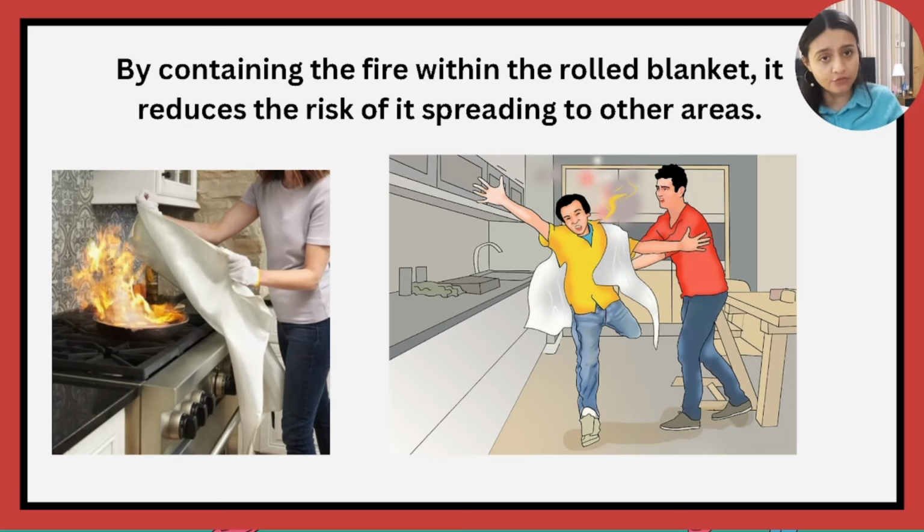So instead, you just cover yourself with a thick blanket. Okay, you can see on the screen. By containing the fire within the rolled blanket, it reduces the risk of spreading to other areas. Just roll the affected body part with the blanket. Do not spill water on it.